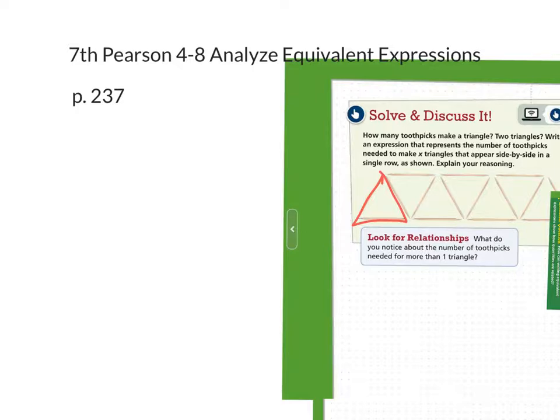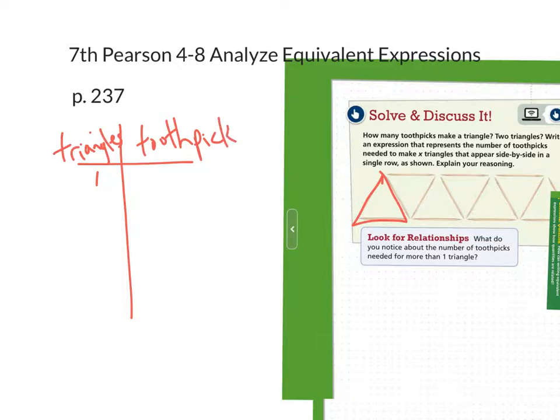So obviously, if we have one triangle, that would be 3 toothpicks. You might think 2 triangles would be 6 toothpicks, but remember what we're doing is we're extending this and we're staying in the same row.